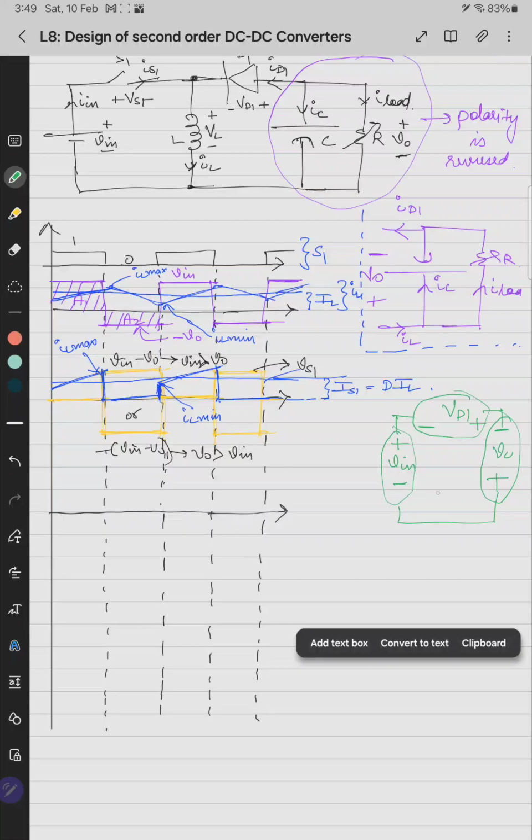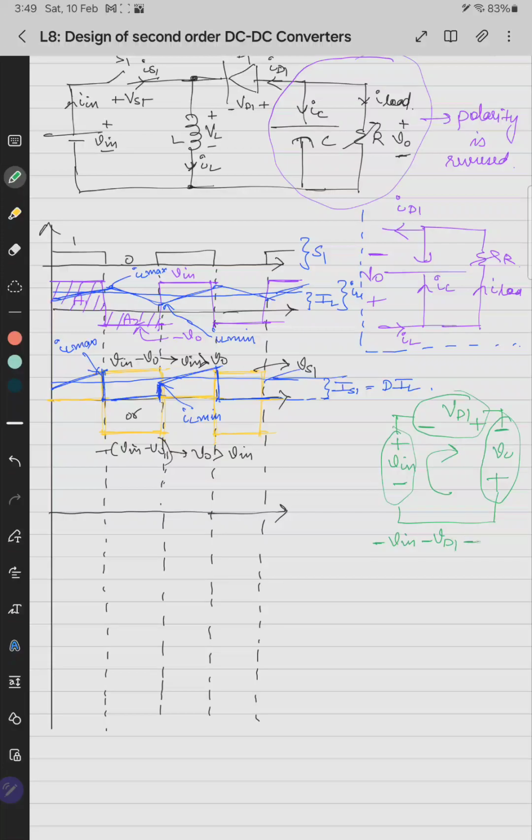So if we do the loop analysis, let's say we are going from minus to plus, so we'll say it minus. So minus of V in, minus of VD1, minus of V naught equals 0. So what will be VD1? It will be minus of V naught plus V in, which is negative.